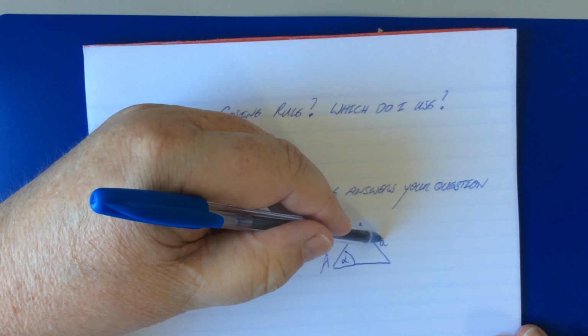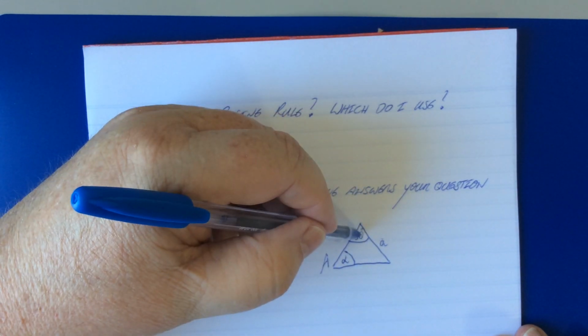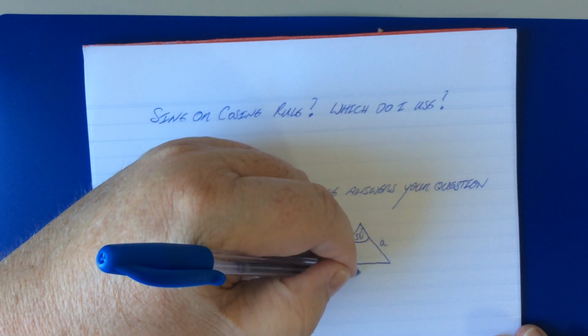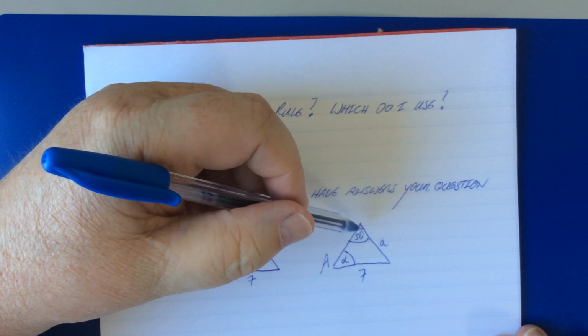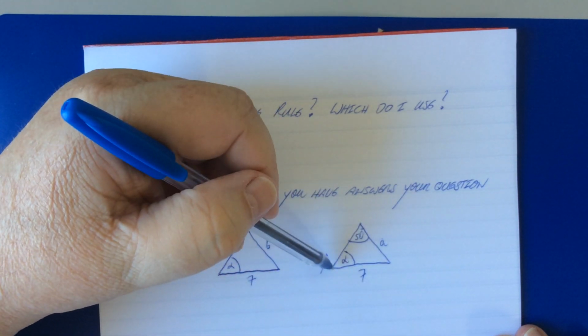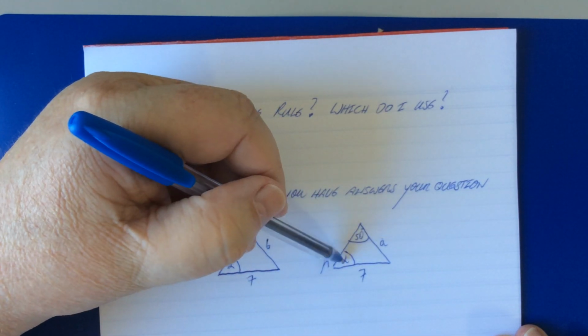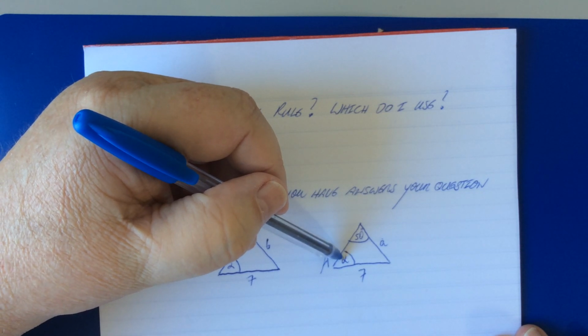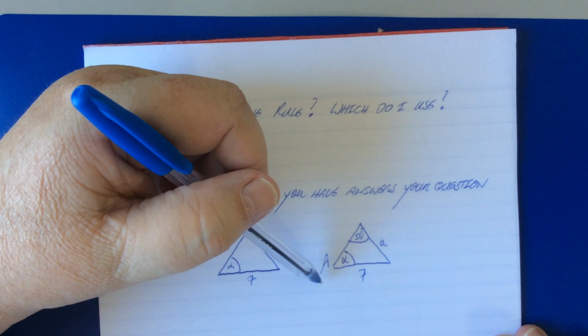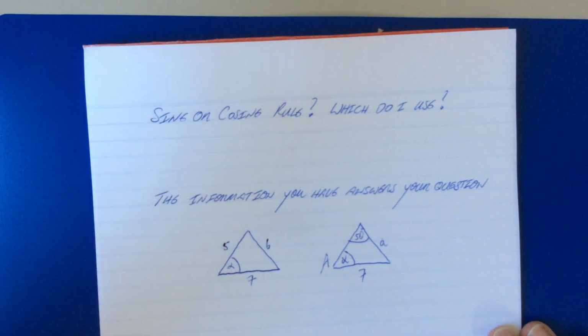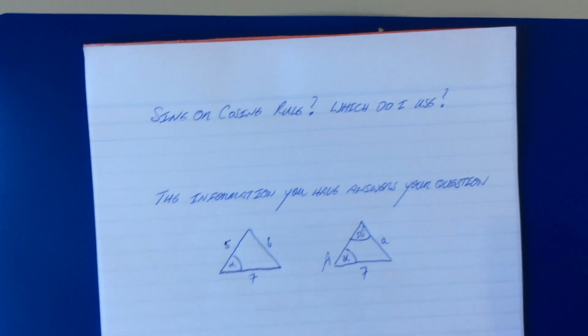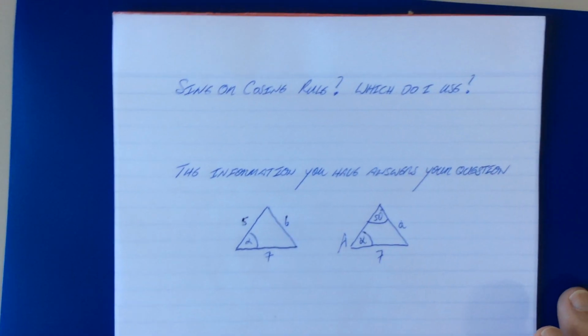So you need these two, and you need this and a value here, let's say 7. Okay, so this is sufficient for you to be able to work out this angle. And I would go straight to the sine rule, because there isn't probably enough information here for you to use the cosine rule.